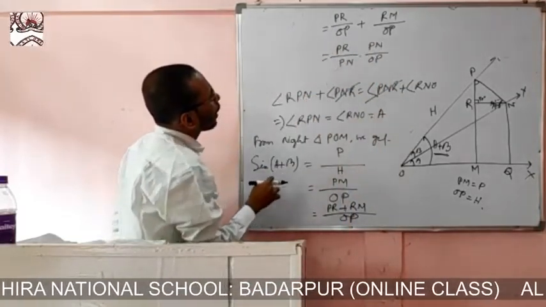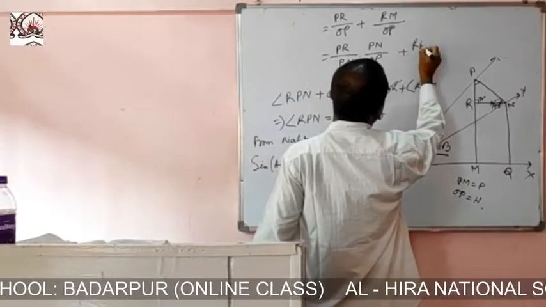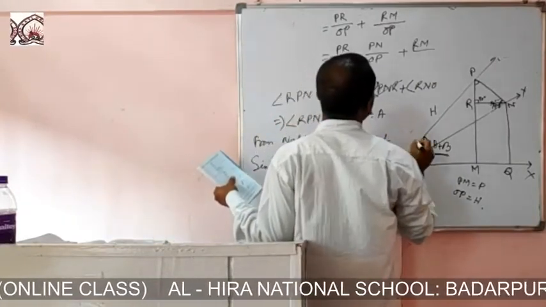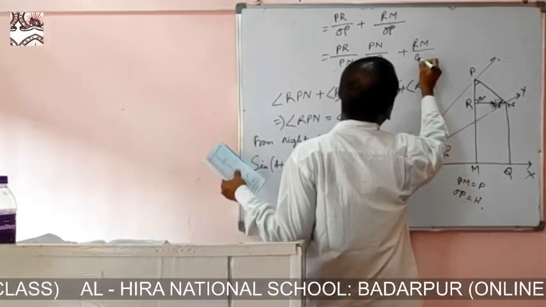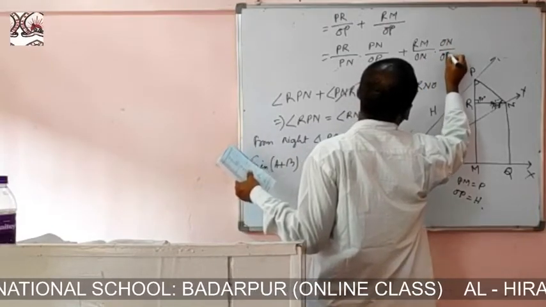Ultimately it is PR by OP. And then here also, RM by ON into ON by OP.